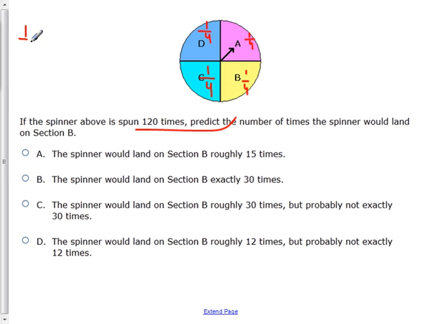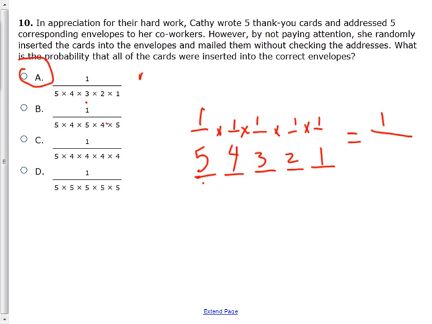So I'm going to get 1 out of 4 times to land in section B. So now we are going to make a proportion equal to x over 120. All right. Now, you could notice a relationship between 4 and 120, or we can just cross multiply and then divide it out. So we'll go ahead and do that here.